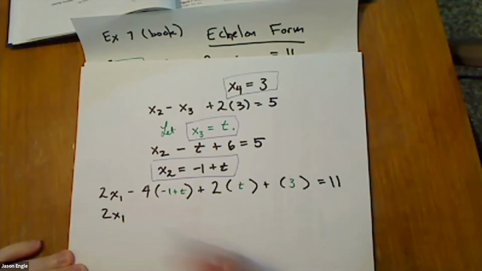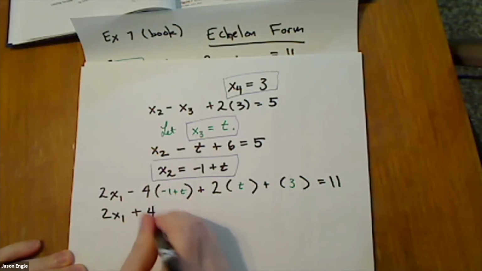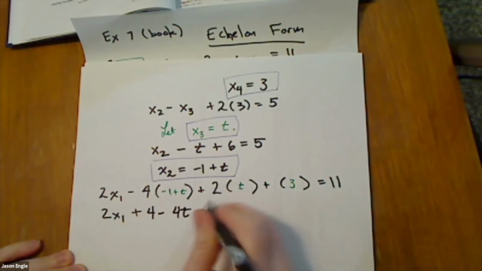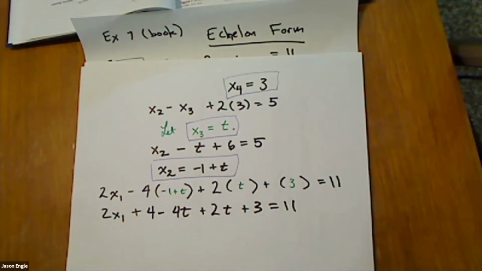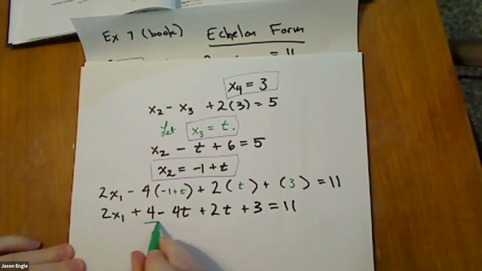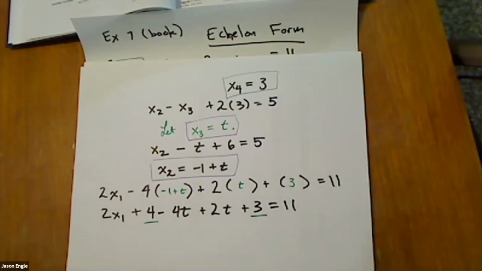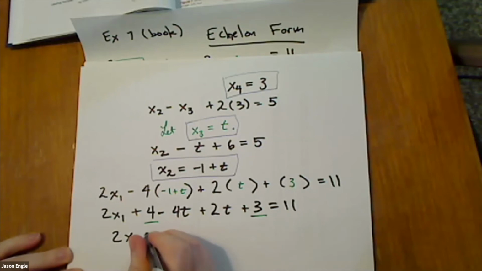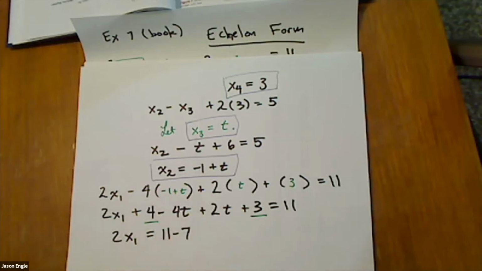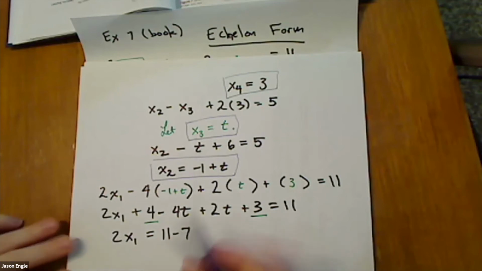So 2x1, if I distribute the 4, I get, well, +4 minus 4t, is that right? Plus 2t plus 3 equals 11. I'm just going to push everything else to the right-hand side and solve for x1. So let's see here. I got 2 constant terms, 4 and 3. That adds up to 7. If I subtract 7 from both sides, and I also have a -4t and a +2t.